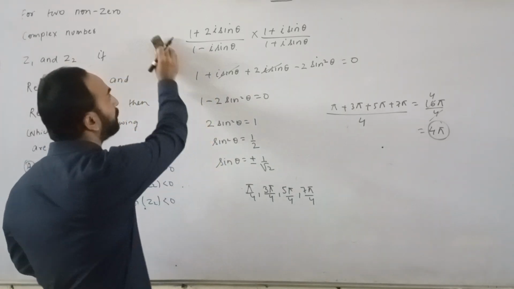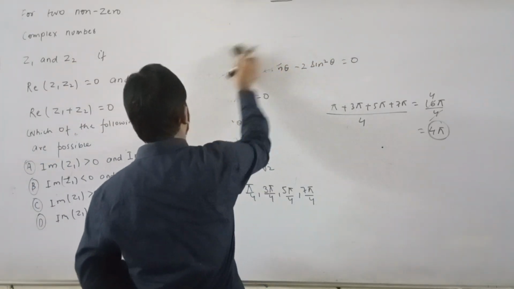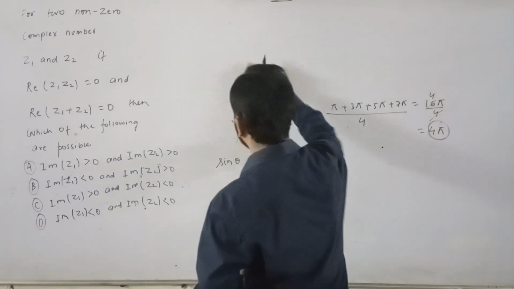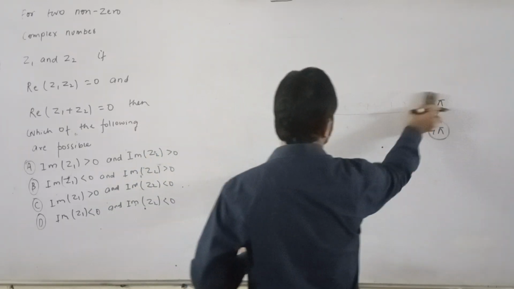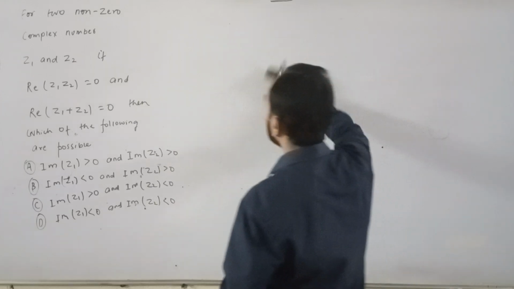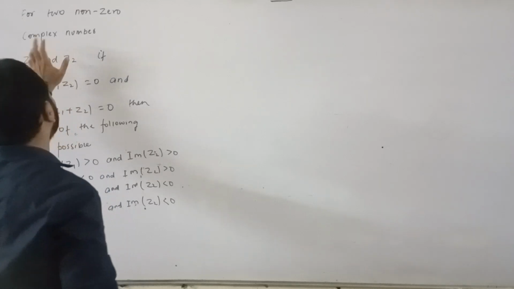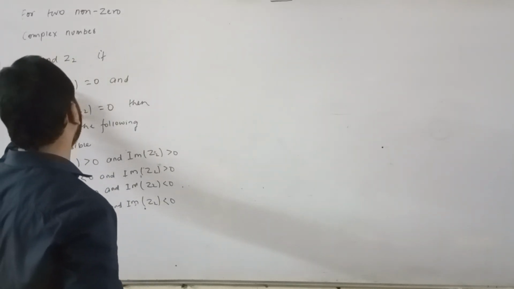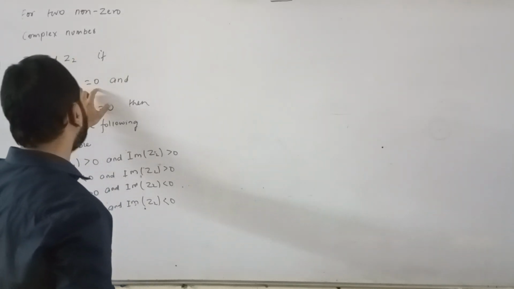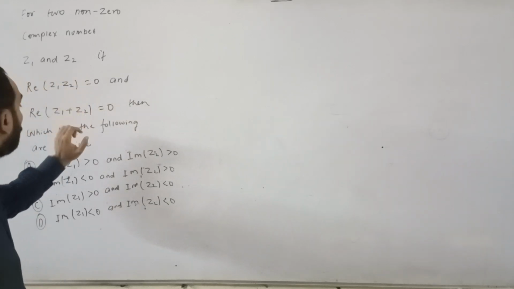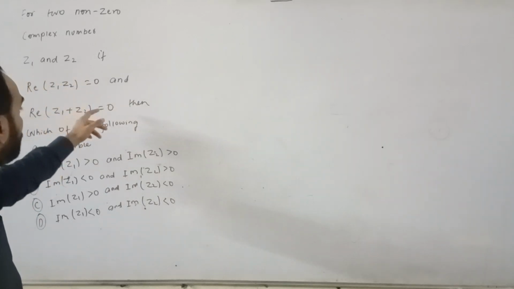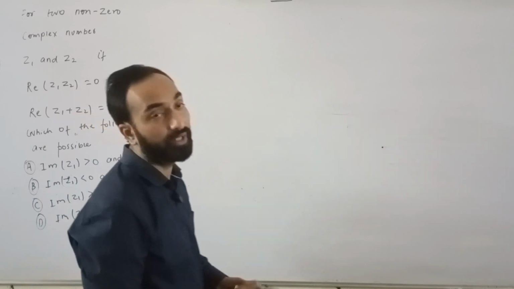Now I am erasing this part of the solution, and let's see what this question says. They have given Z1 and Z2 as two complex numbers, and the real part of Z1 and Z2 when multiplied equals 0, and the real part of Z1 plus Z2 also equals 0.